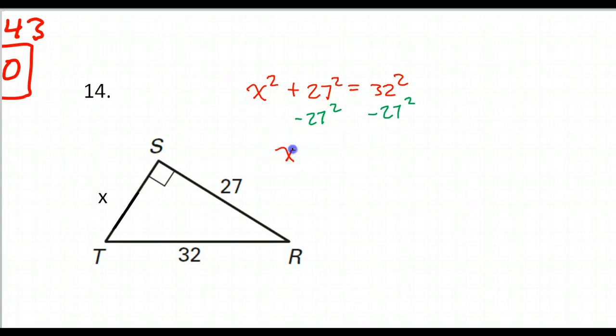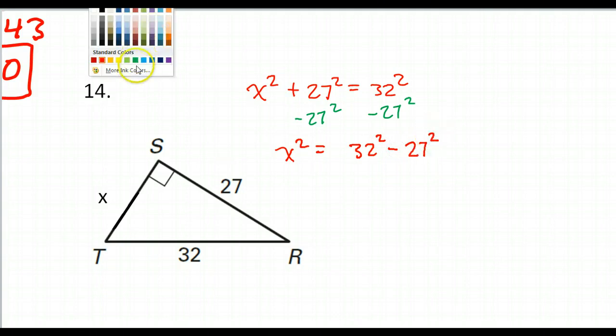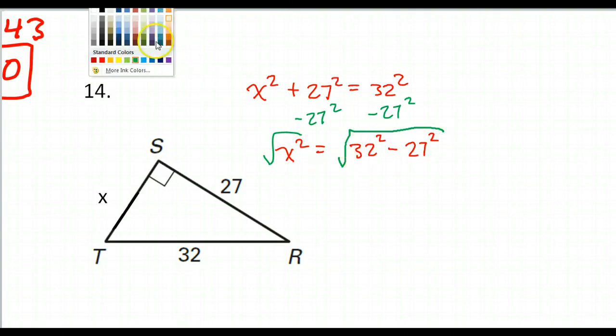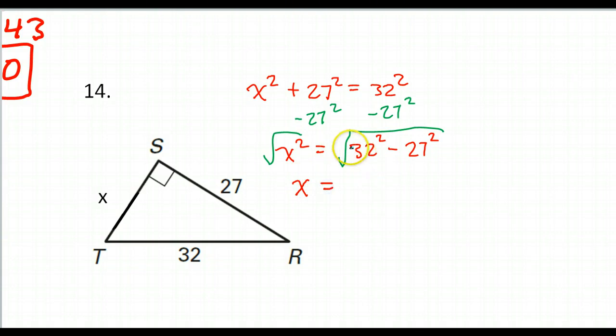So that's going to give me x squared is equal to 32 squared minus 27 squared. And then I'm going to take the square root of both sides to get x by itself. So that's going to give me x equals. Again, I will just put that whole thing in my calculator. And I get 17.2. So that is x.